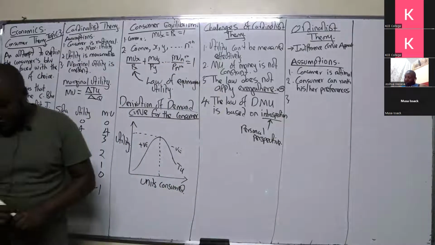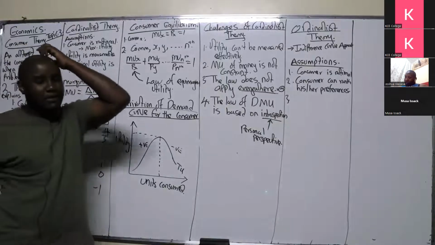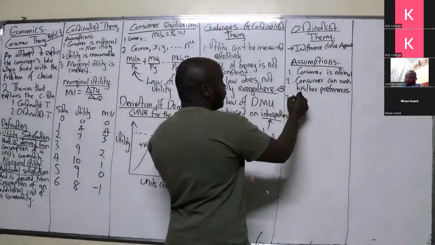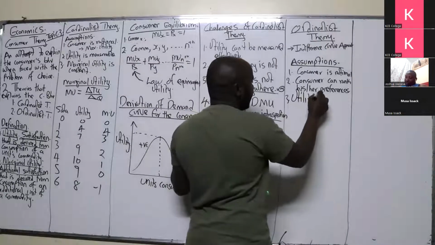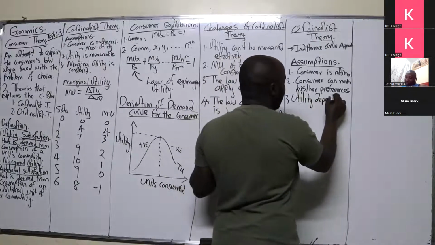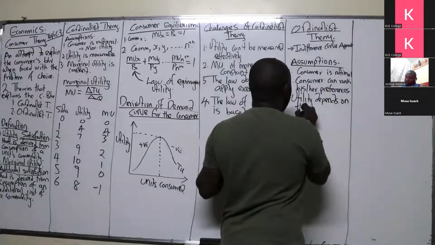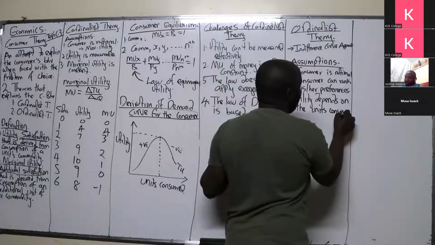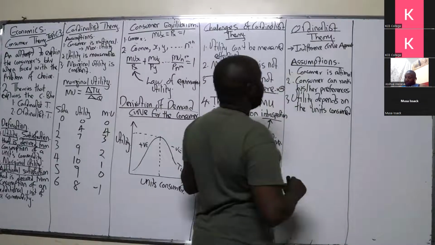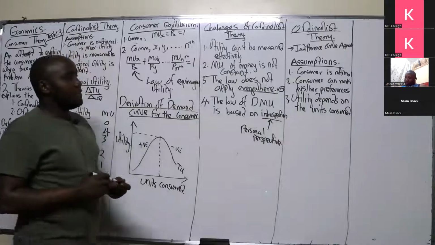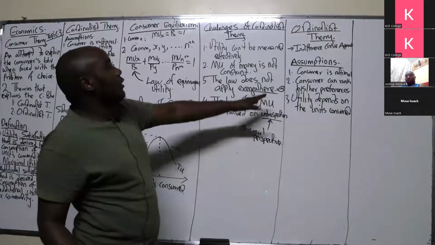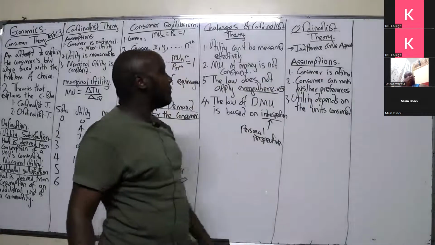And lastly, utility depends on the units consumed. These are the assumptions in the ordinalist theory, more so referred to as the indifference curve approach.